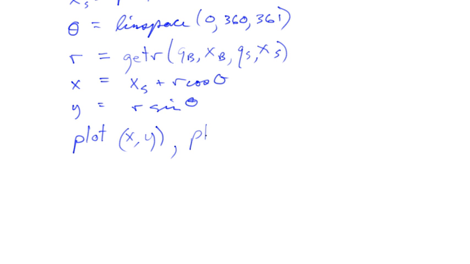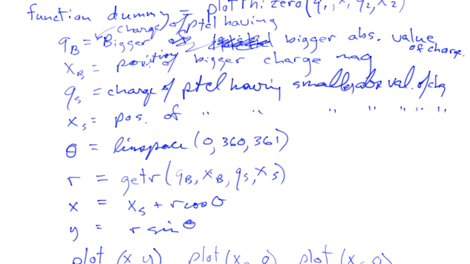Plot just the position of the two charged particles. So it's XB comma 0. The two particles are all on the x-axis, and plot XS comma 0. So this just puts one point on the graph. I think I'm going to need a symbol for it. I think I'll choose an X so you can see it. But I think that actually does it.